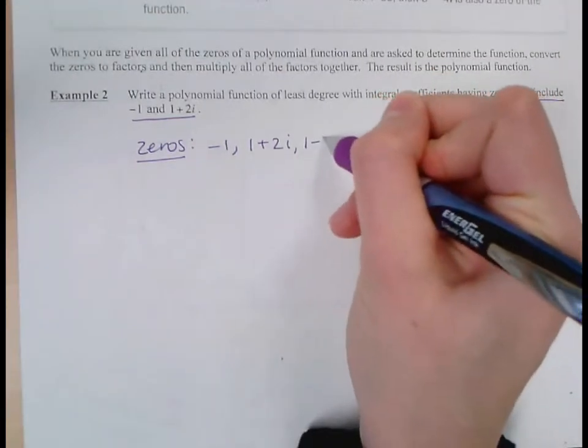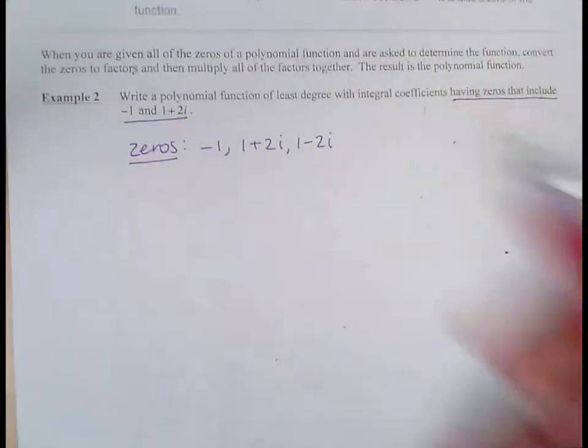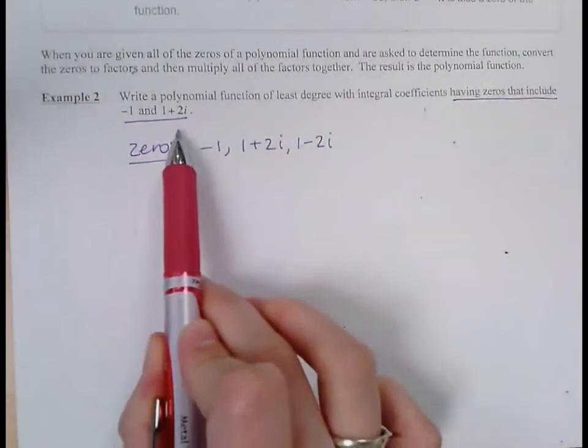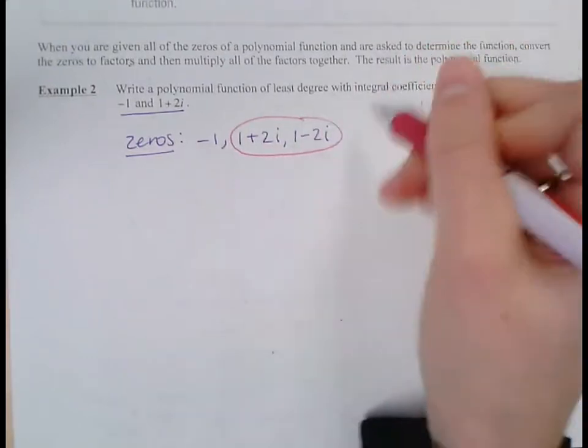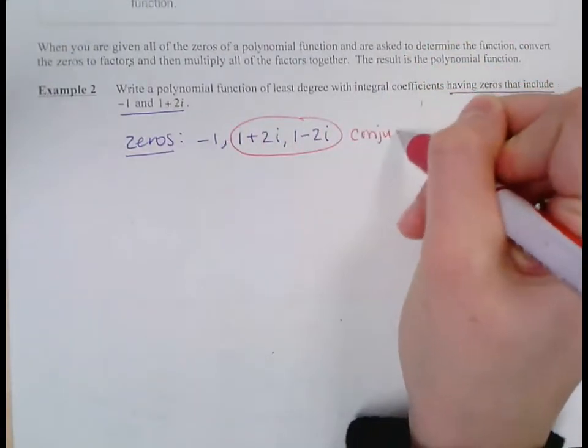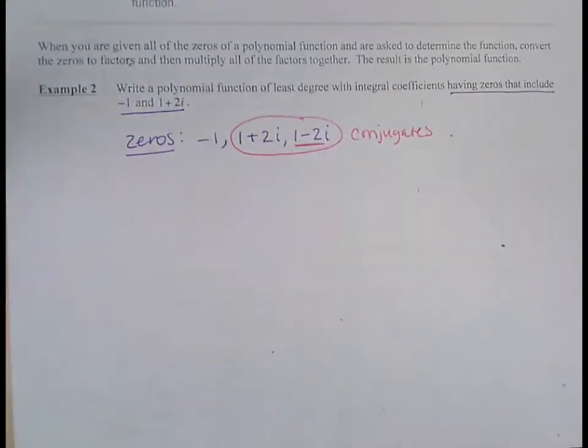So 1 minus 2i is also a 0. It's not given, but you would need to fill it in. I'm just going to say these are conjugates, so that you would need to fill in on your own. So there are really 3 zeros. You cannot have an odd number of imaginary zeros. They always occur in pairs, so you have to have an even number.